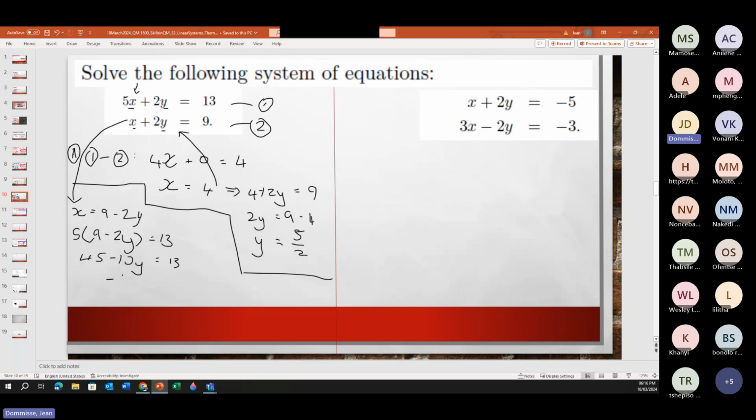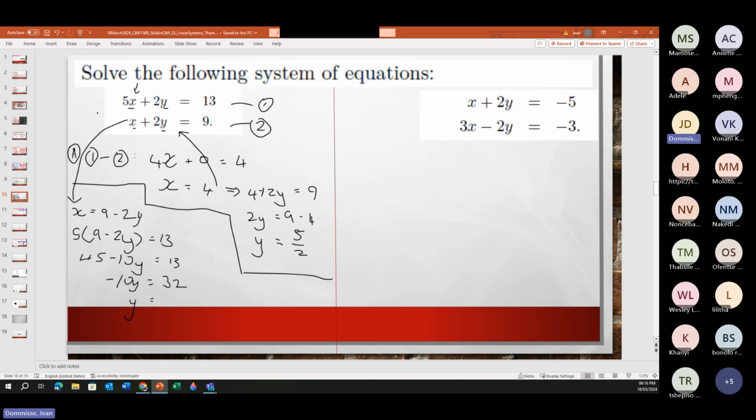So minus 10y is equal to 13 minus 45, which is 53. So now that is not the same.